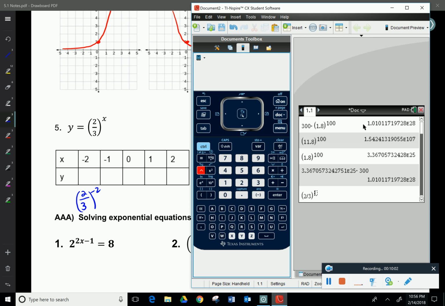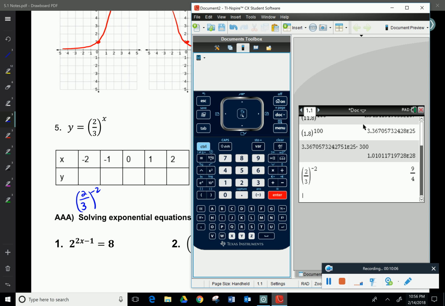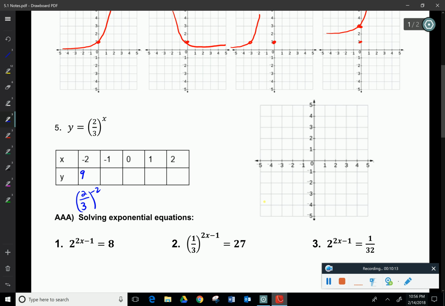And then I'm going to raise it to the -2, and I'm going to get 9/4. Okay, so I'm going to plug in here 9/4, which we know is a little bit more than 2. And then if I plug -1 into my calculator, you're going to get 3/2.